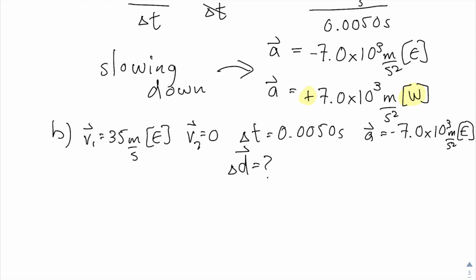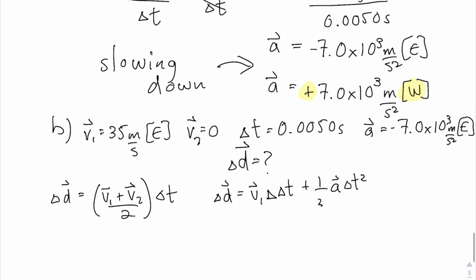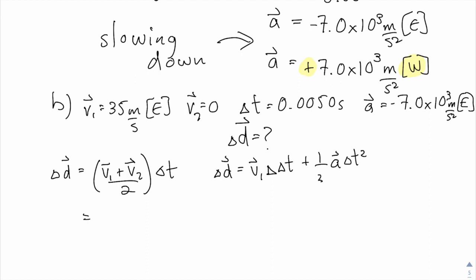For example, you can choose delta d is equal to v1 plus v2 over 2 times delta t, or you could use equation 3, delta d equals v1 delta t plus 1/2 a delta t squared, or equation 4, and again equation 5. Let's use equation number 1.